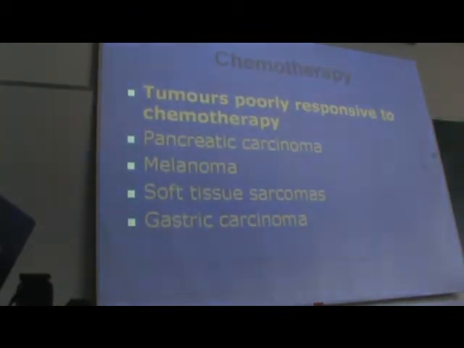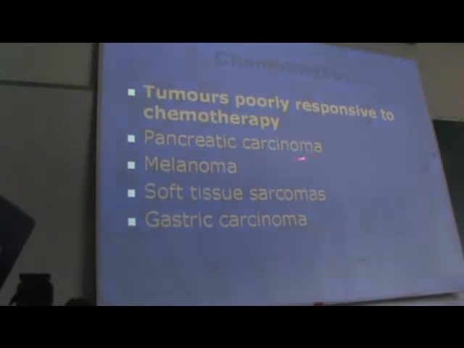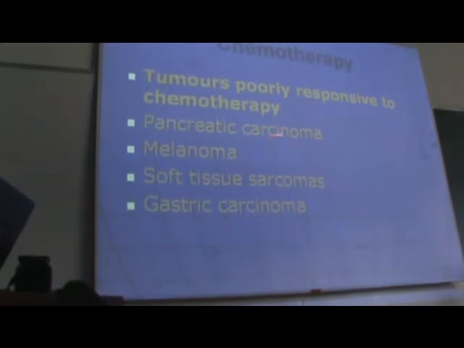There are tumors which are resistant to chemotherapy. Chemotherapy is almost useless in them. Probably they may respond, but we need large doses. And these large doses in a patient having pancreatic cancer, probably he is going to die before achieving any survival advantage. As we said, melanoma is resistant to chemo and radiotherapy.